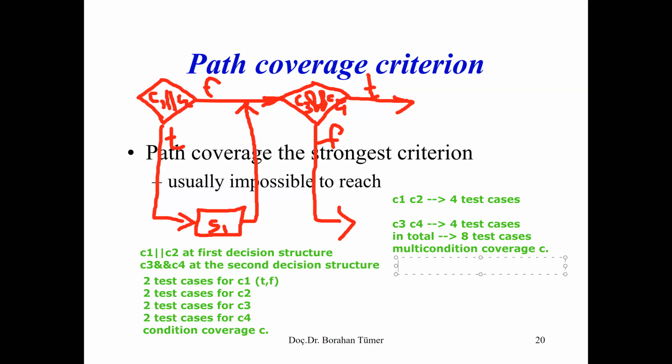C1, oops, sorry. We have C1, C2, C3, and C4. Okay? So for each of these, we may have a different path case in the worst case.